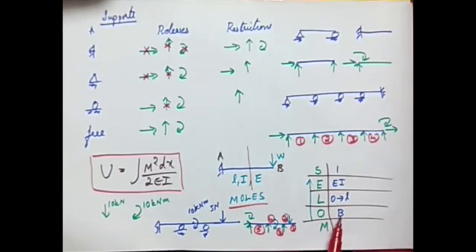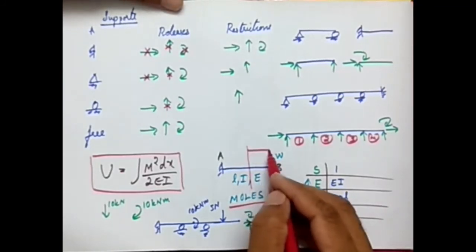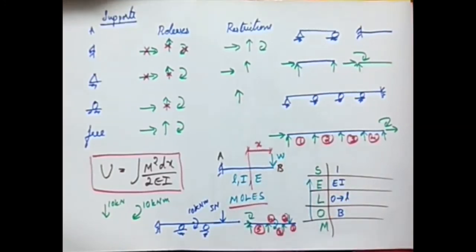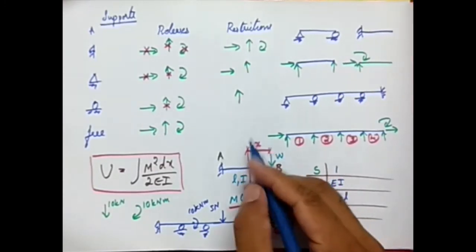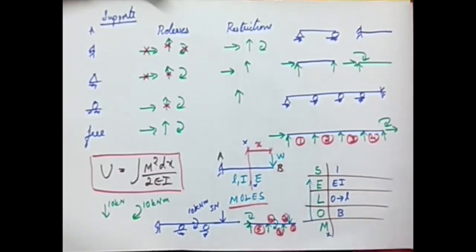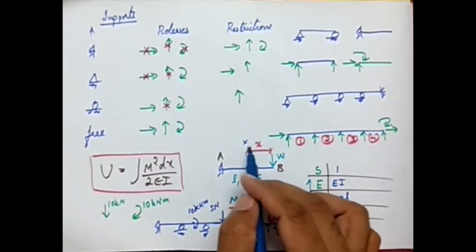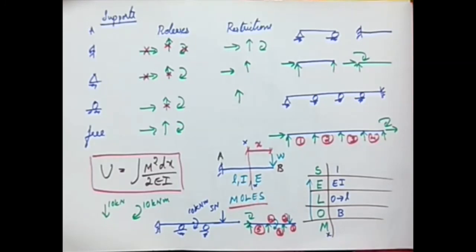Here B has been considered as the origin, so this distance represents X, and this is M x, where this is the section xx. So you are calculating the moment at this section that you are considering.